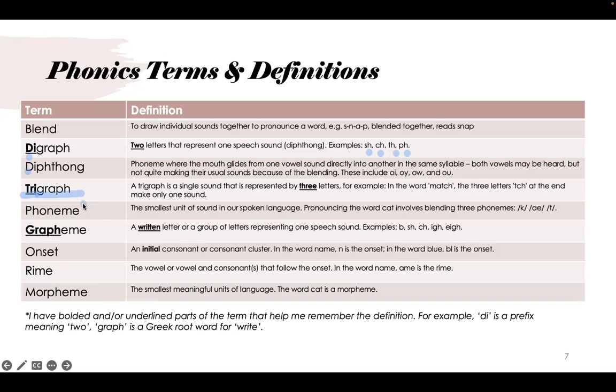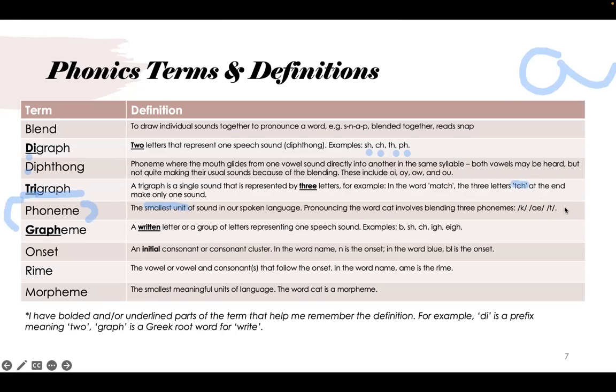A phoneme, we talked about this. The smallest unit of sound, like in apple. Right? Graphemes are the visual representation, the symbols. So in a trigraph, there are 3 graphemes, right? 3 graphemes in tch.